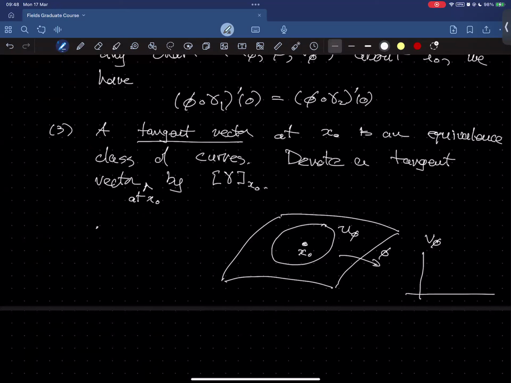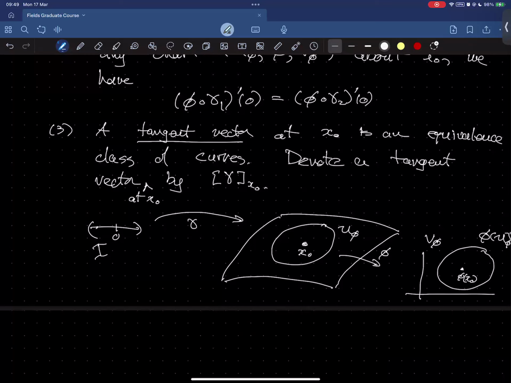So I have some curve, gamma. Here's I, let's say, and here's 0. Then I have this curve gamma. And then here I have phi of U phi, and here I have phi of x naught.